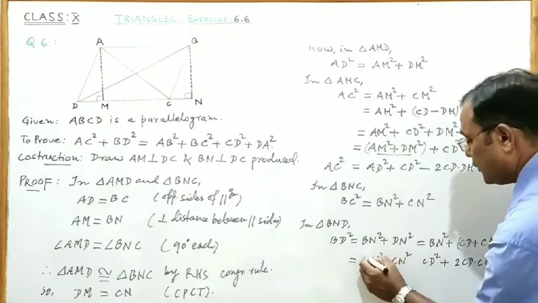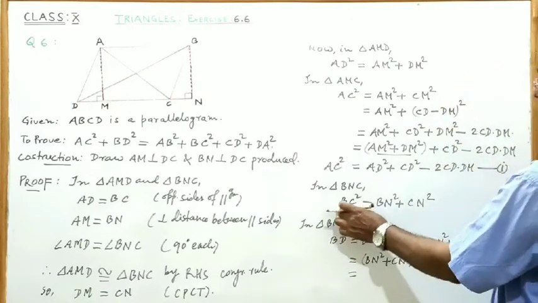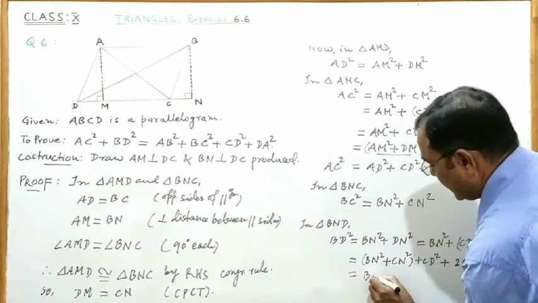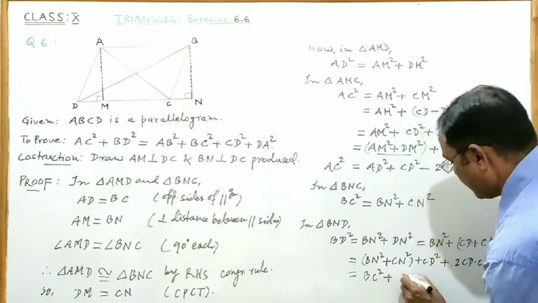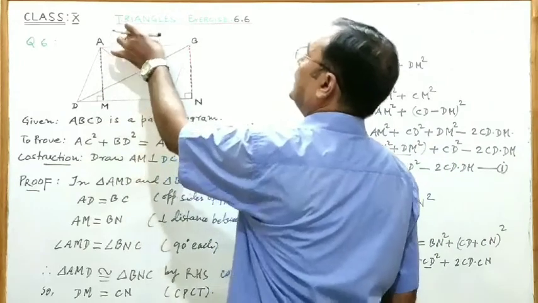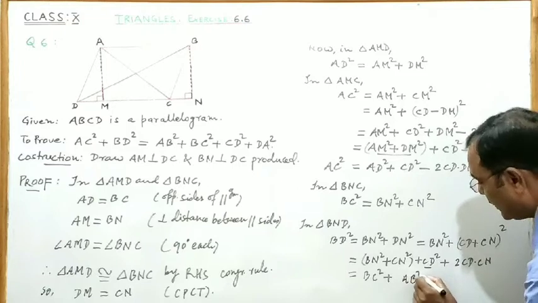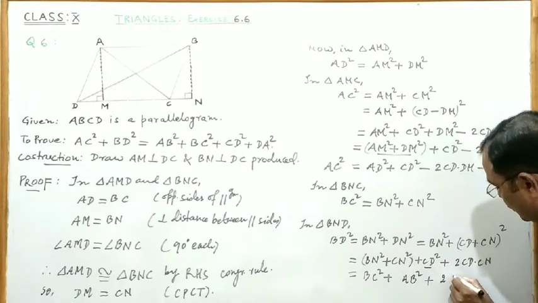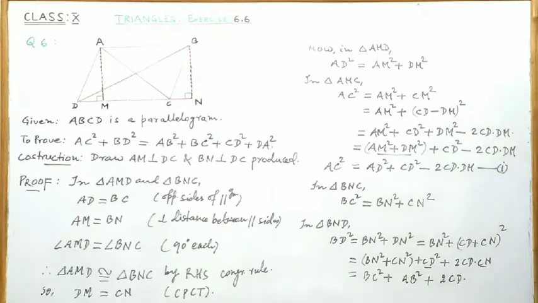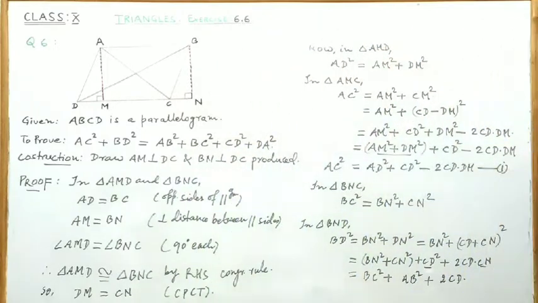This BN square plus CN square is equal to BC square. So we can write BC square plus CD square, where CD is equal to AB, so CD square is equal to AB square, plus 2CD into CN, and CN is equal to DM, so 2CD into DM. Let it be number 2.